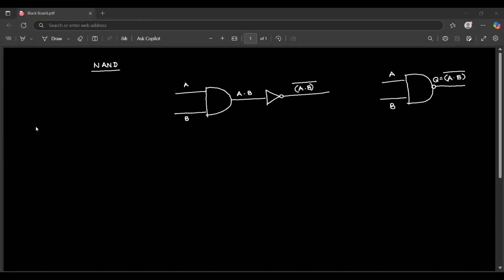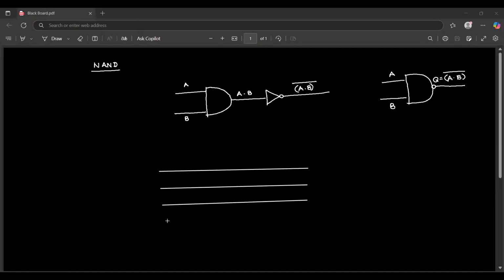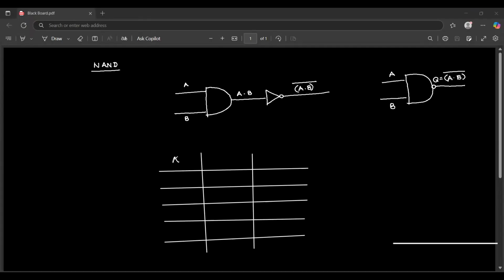So what about the truth table? Since we have two inputs, how many combinations do we have? Four combinations. Very good. So let's try this. Here we have A, here we have B, and this is the output. Let's first draw A dot B, what happens inside the AND gate, and then we'll talk about A dot B whole thing bar.